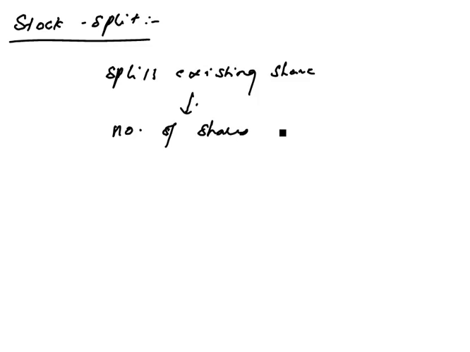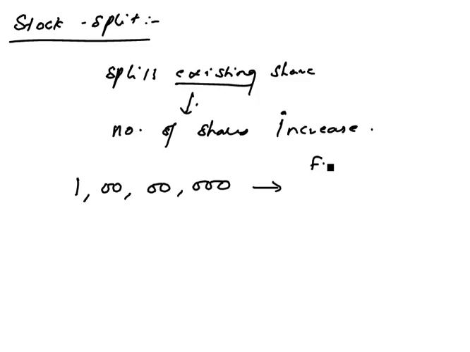Usually, in this case, the market capitalization remains the same because we are actually splitting the existing share. For example, let's say a company has 1 crore shares outstanding and it has a face value of 10 rupees, but the current market price is 100 rupees.